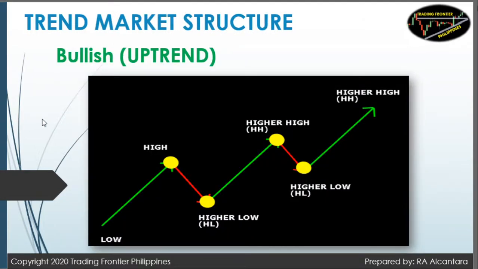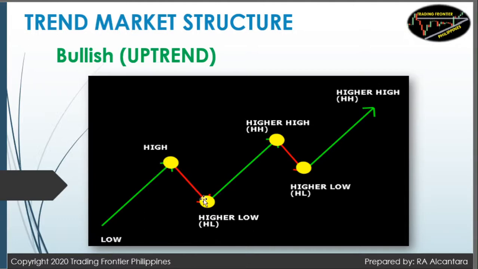So for a bullish or uptrend market, in order for us to read the market structure, definitely this is an ideal market structure for a bullish uptrend. So how can we interpret this movement? Coming from a low, we have a high, and then suddenly the price formed a higher low. Higher low means a low higher than the previous low.